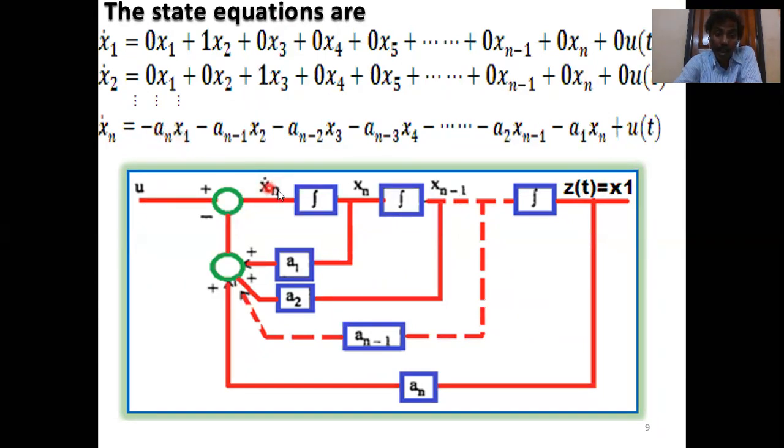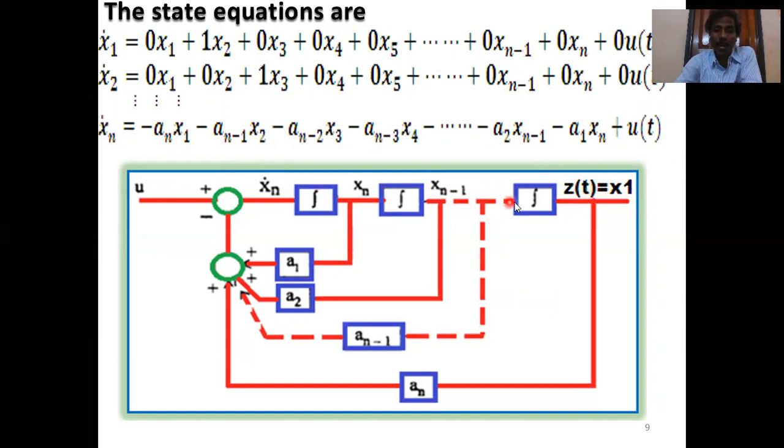Because xn dot integrates to give xn minus 1, this is xn minus 1 dot equals xn. Again, xn minus 1 dot integrates to xn minus 2, and again dot dot dot, x1 integrates, and finally x1 equals z of t.